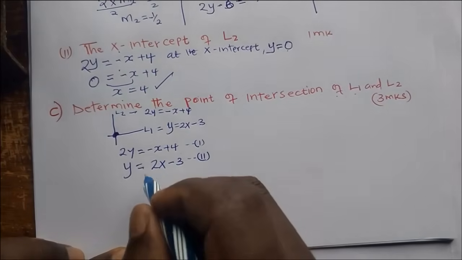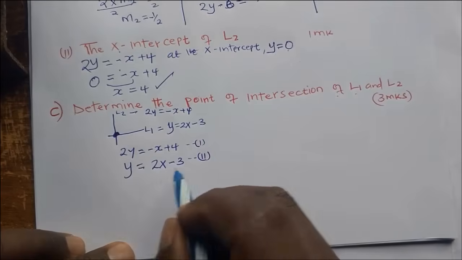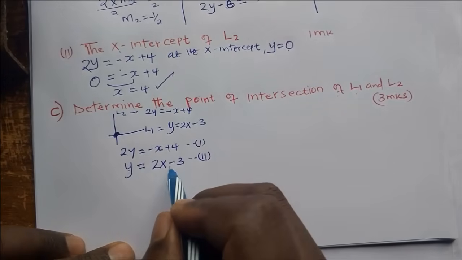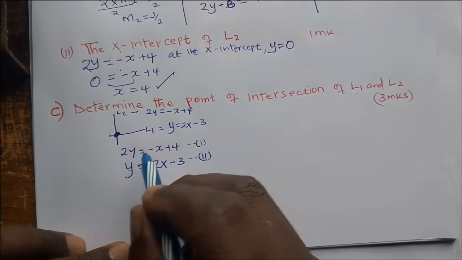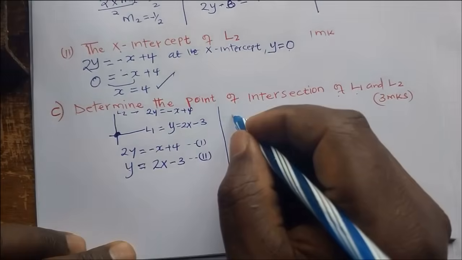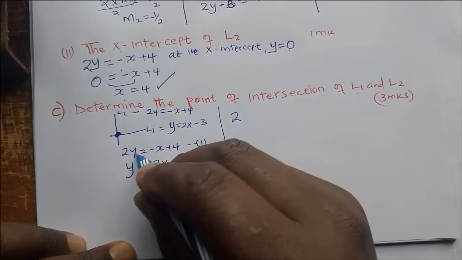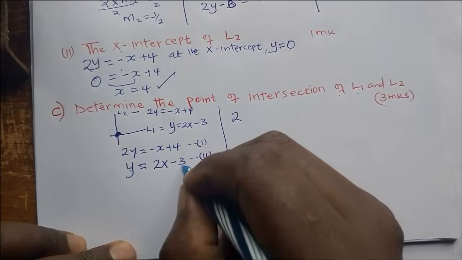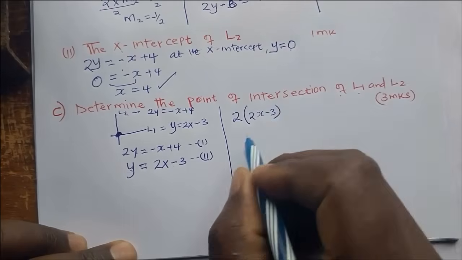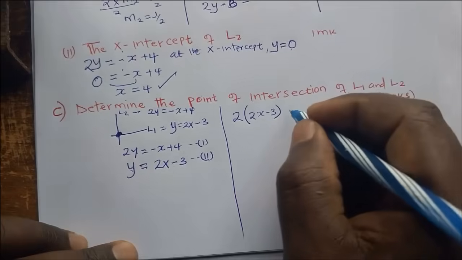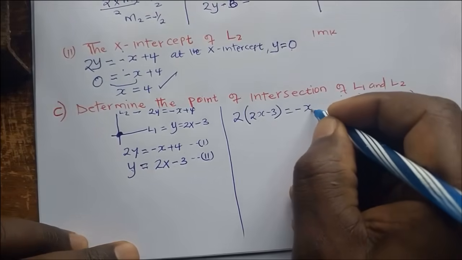I'm going to use substitution. You see the second equation is already y is equal to this. So I'm going to take the value of y here and substitute up there. So I'm going to say 2y, but instead of y, I will put 2x minus 3. Because this is 2y is equal to minus x plus 4.